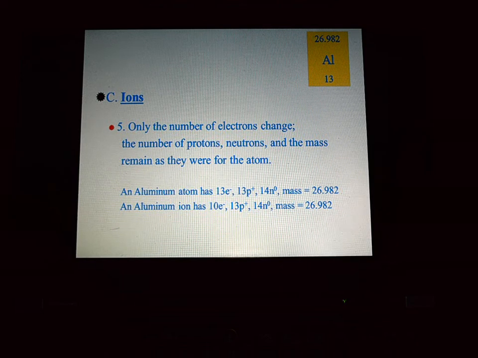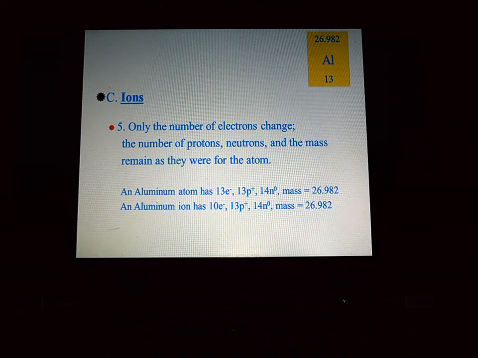And honestly, since we don't count the electrons in terms of mass, because remember they're 1,800 times smaller, losing a few or gaining a few is not going to change stuff much. And so we don't worry about them. That's 3-4 decimal places. We're not going to worry about it. So in general, if I look at an aluminum atom, I see 13 electrons, 13 protons, 14 neutrons.